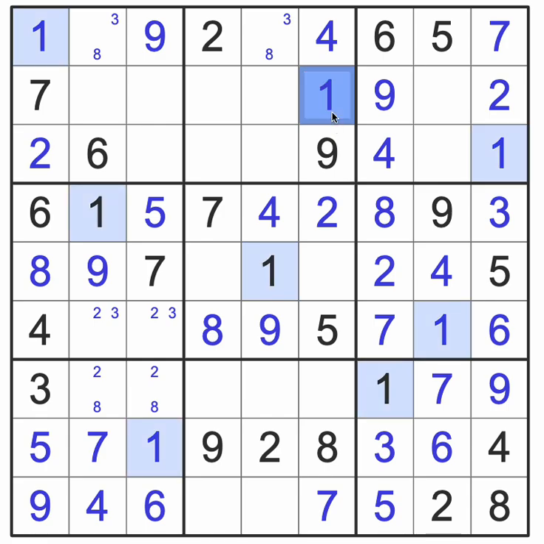So 1 has to use this cell. And now these are down to 3 and 6. 3 is here, so this is 6, this is 3. And that gives me 6 here, which blocks here. 6 blocks here, gives me 6.